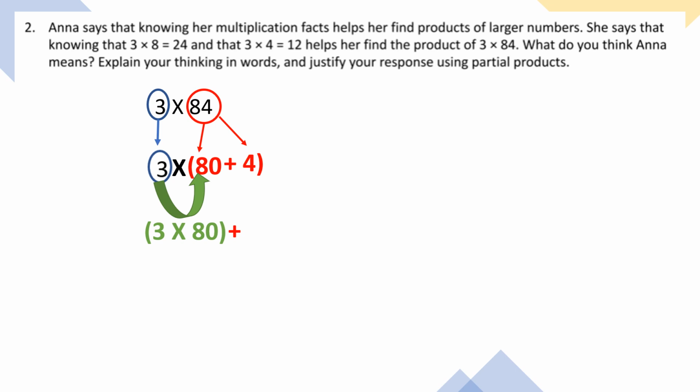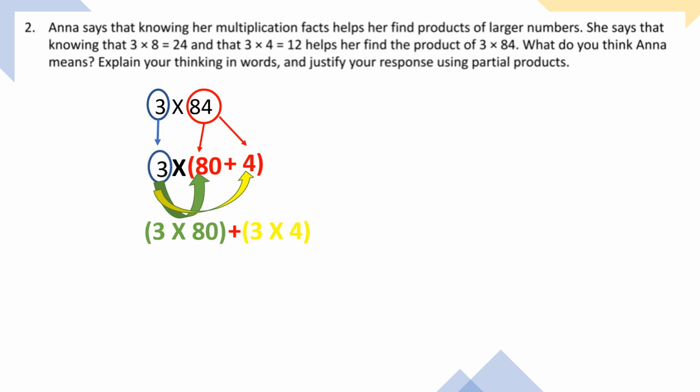So let's keep that in mind. But first, we're just going to write down 3 times 80, and we're going to put that in parentheses. Now we're going to add that to the other number that's there. And we're going to multiply 3 times 4. And we're going to put that in parentheses also. So now we have 3 times 80 plus 3 times 4.